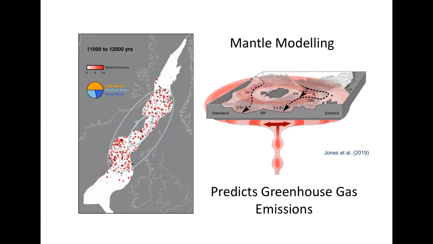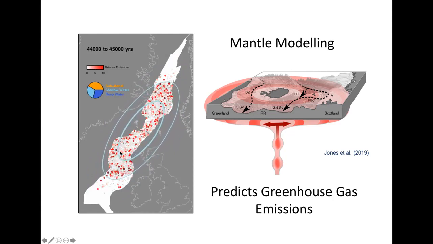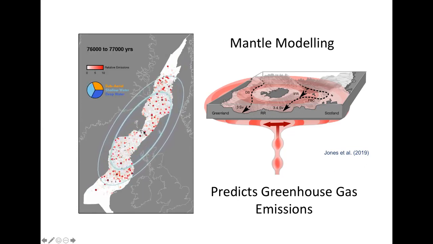So this is a stochastic model, and it's underlain by statistics based on the seismic data we were looking at before, and time frames based on those uplift surfaces that I showed you before. And each individual sill doesn't last for very long and doesn't produce very much methane or CO2.